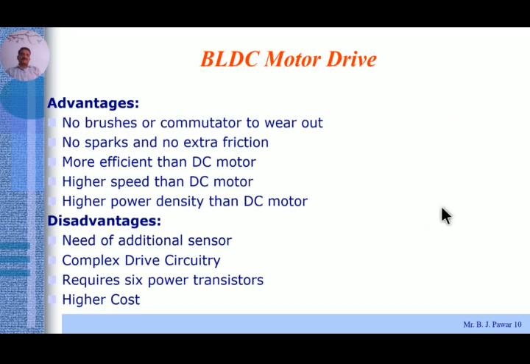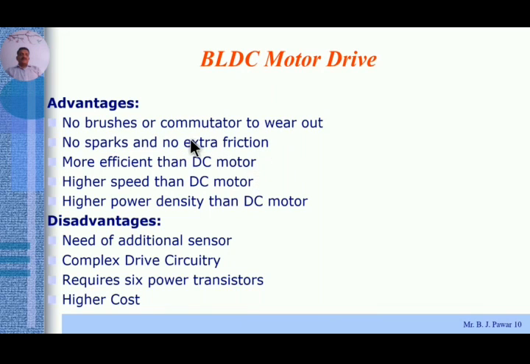Now the advantages, I already told, in case of conventional DC motors there are brushes and commutators, that's why there is a chance of wear and tear. So in this case there are no brushes and no commutator, so no wear and tear will occur, no sparks and no extra friction between the brushes and the commutator, which mostly occurs in a conventional DC motor during connection and disconnection.